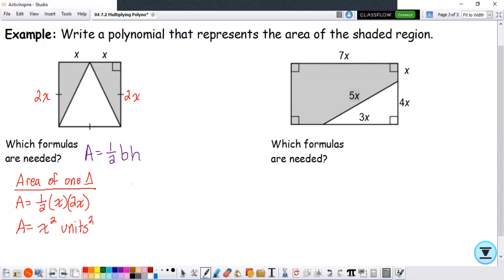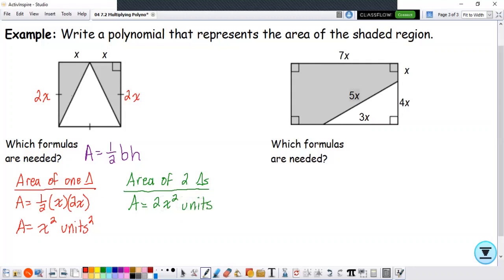So then I can find the area of two triangles by taking 2 times the x squared units squared.